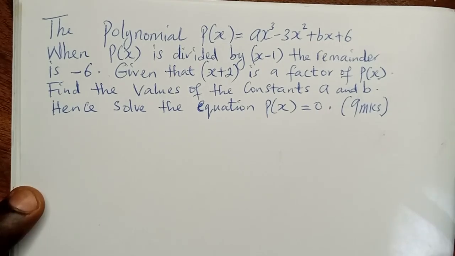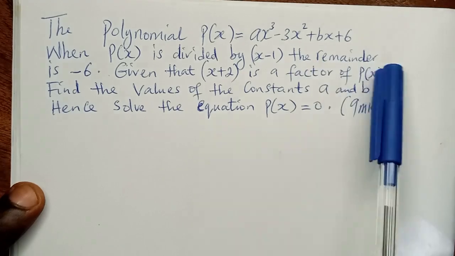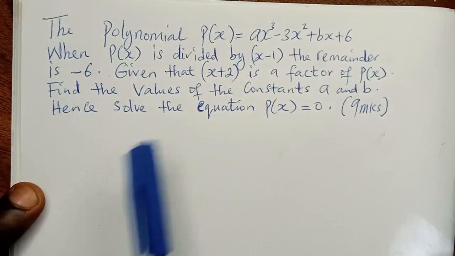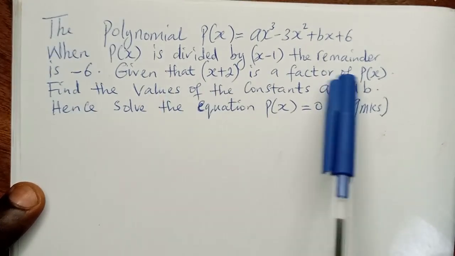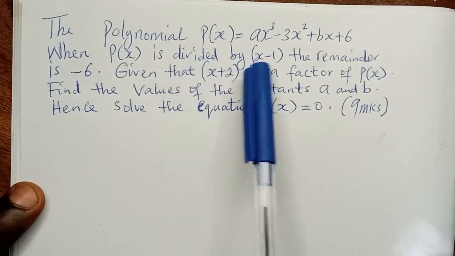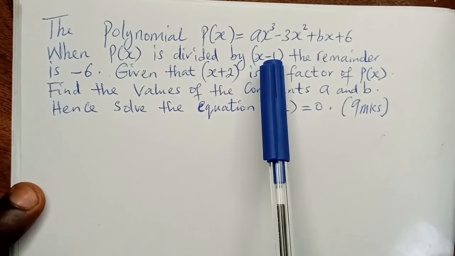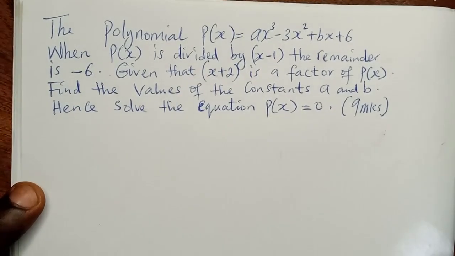Now, as I've earlier said, we are going to work on two key factors. The first is when p of x is divided by x minus 1, the remainder is minus 6. And the second is given that x plus 2 is a factor of p of x. We are going to use x minus 1 is equal to 0, and we are also going to use x plus 2 is equal to 0. Those are the two key things we should look at.